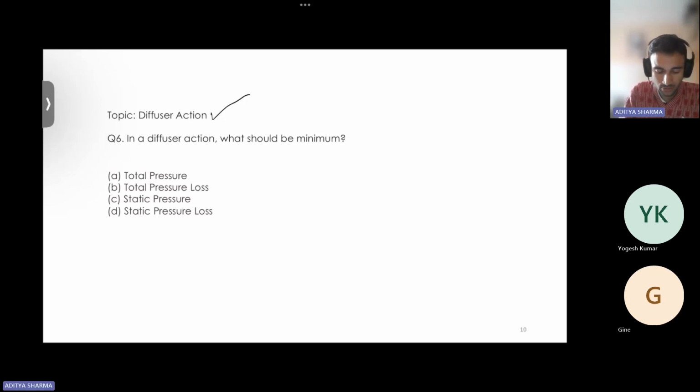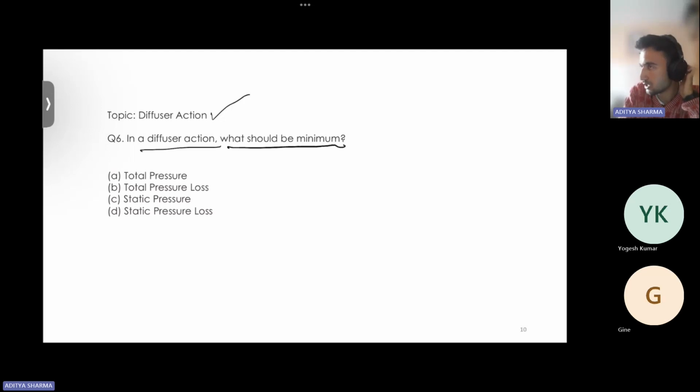So here the question is concerned with the pressure. So either the answer is in static pressure or it is in total pressure. So first of all, we should know what a diffuser action is. All right. And once we know that, then we must be able to relate to the pressures.